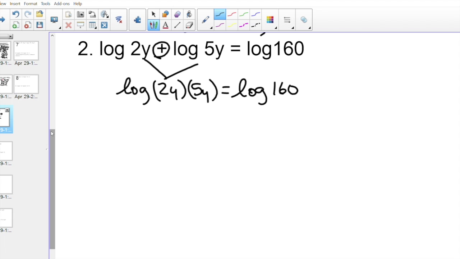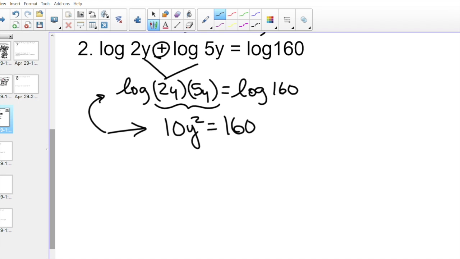Now, you're solving for y, so we just literally drop the logs. And we just multiply these two values, and that's 10y squared. Drop the logs. So we're working kind of backwards. If you started with this bottom, then you would do this.